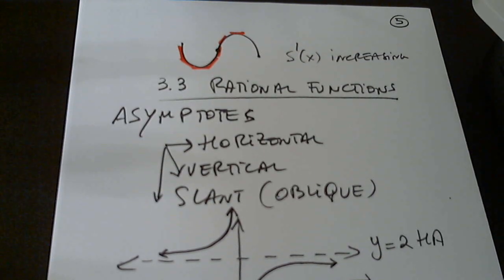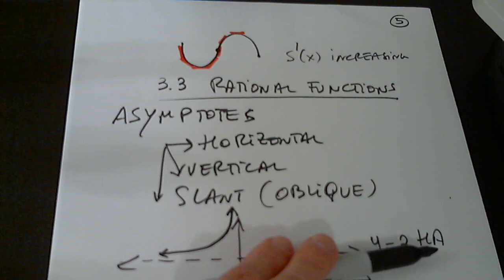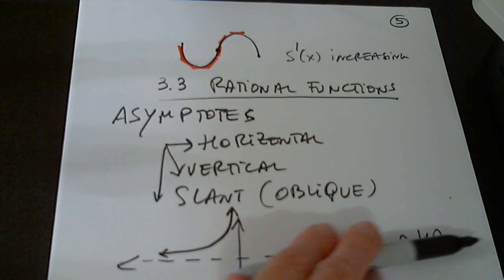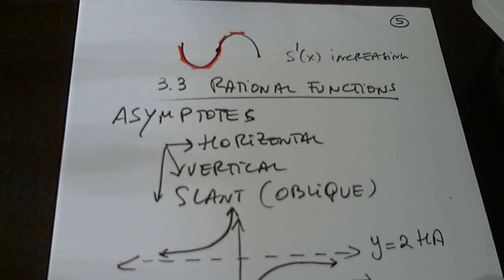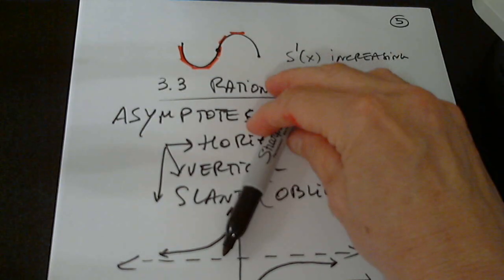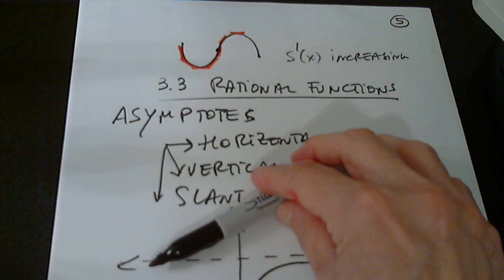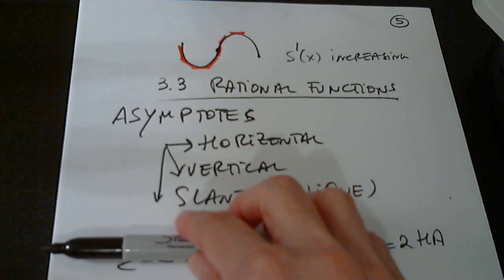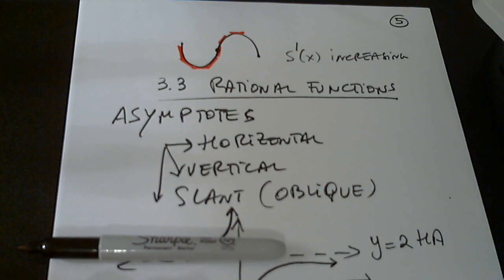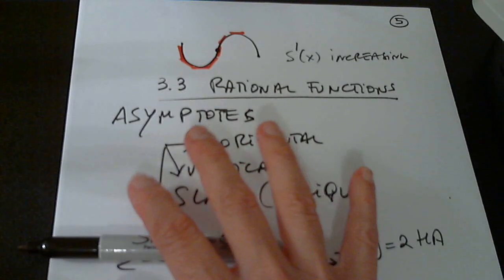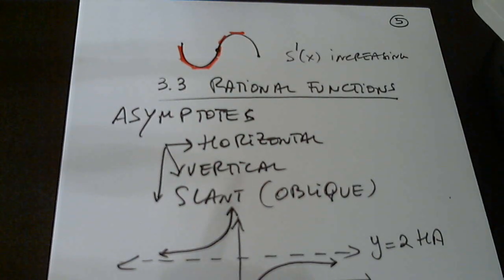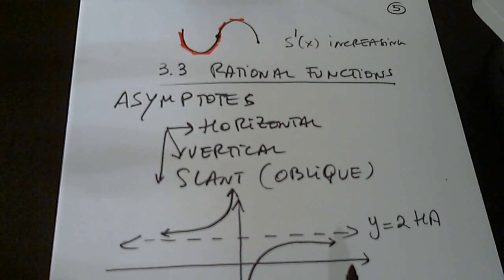As you see, the function values get closer and closer to y equals 2 as x approaches infinity. And the function gets closer and closer to 2 as x approaches negative infinity. We've seen something like this before. We haven't talked about it in terms of asymptotes.